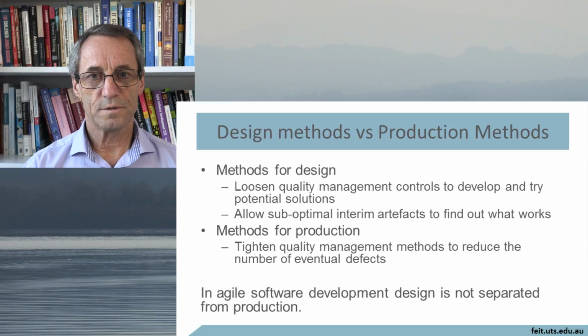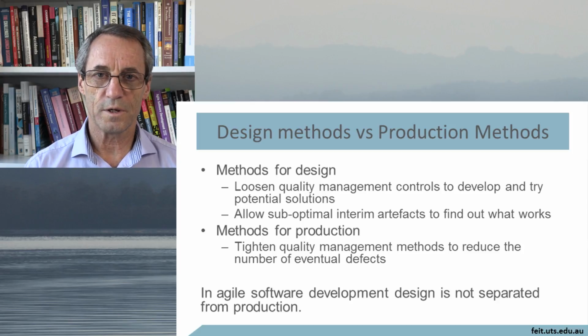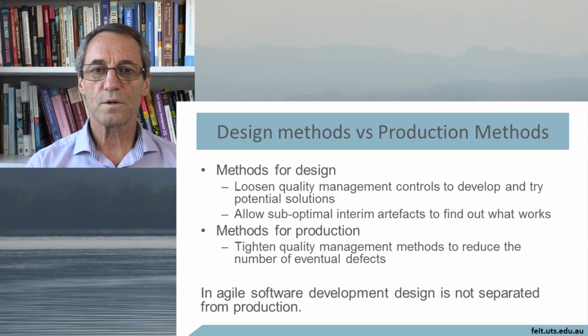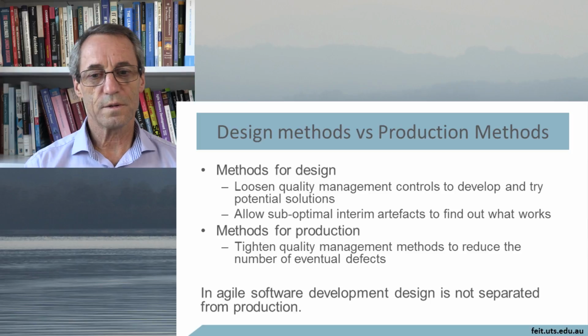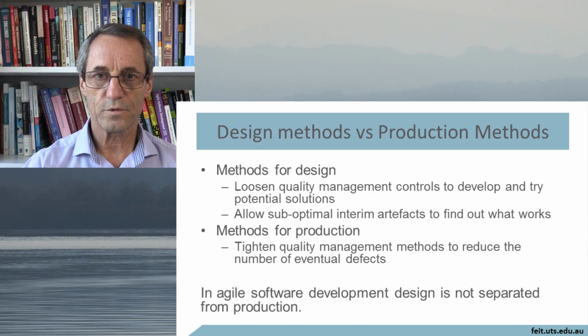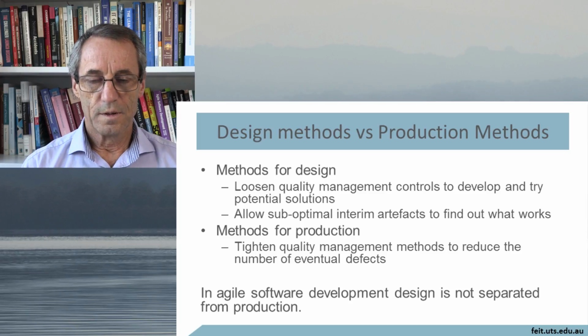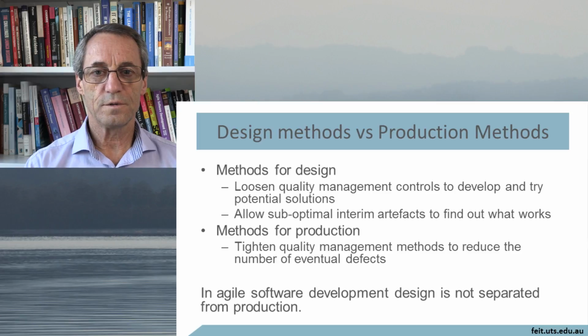Once you have the design, then you're into matters of production. And the whole idea with production is you tighten up the quality management so that you detect all of the errors as early as possible, so that they don't manifest themselves and they don't bury themselves in the product on the way through. But you have this contradiction, all right? For design, you loosen off the controls.